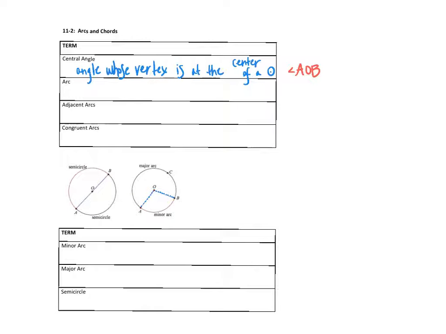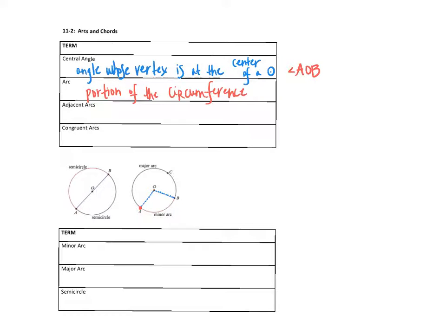The next term we're going to look at is an arc, and I like to think of an arc as a portion of the circumference. An arc is an unbroken part of a circle consisting of two endpoints.